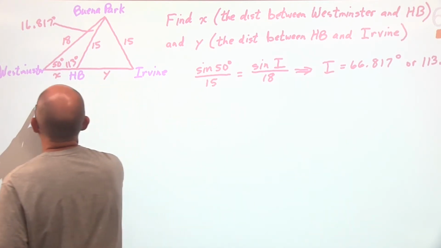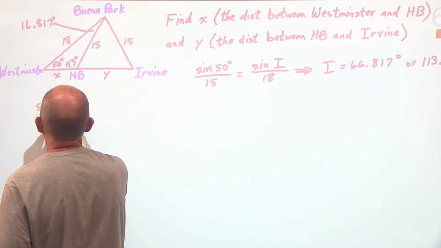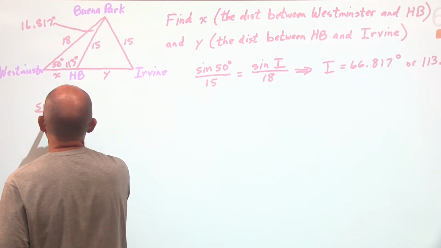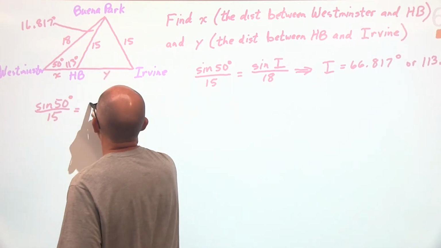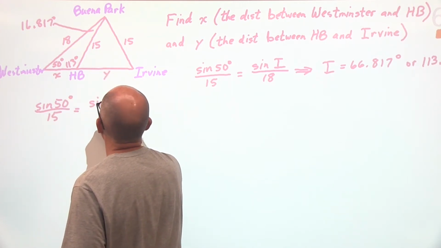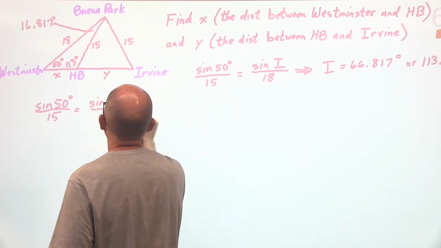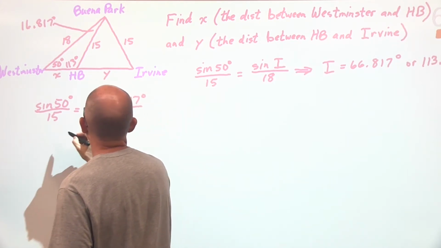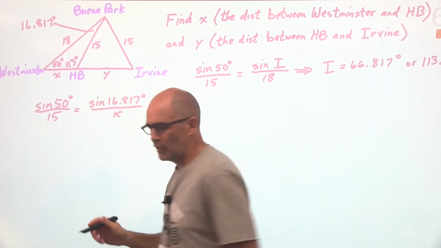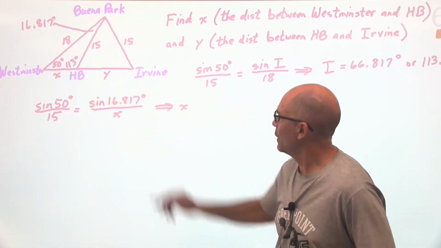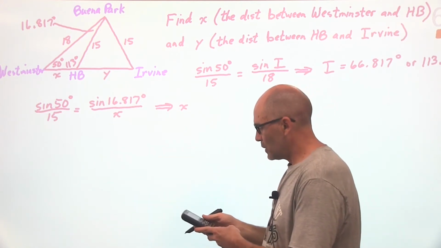Sine of 50 over 15 equals sine of 16.817 over x. So you guys are good at the cross product by now. We don't need to write it out.